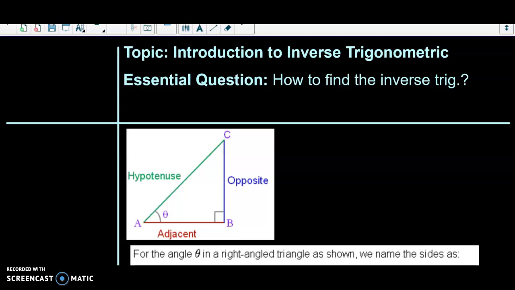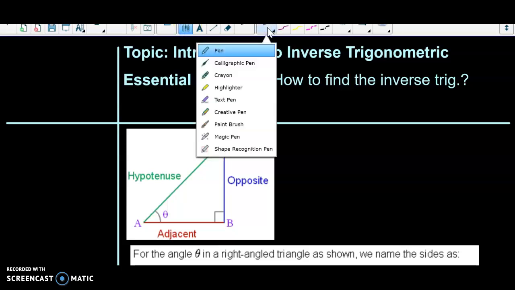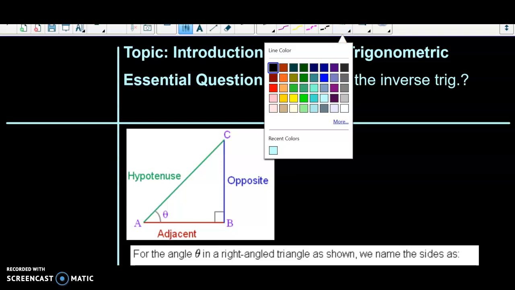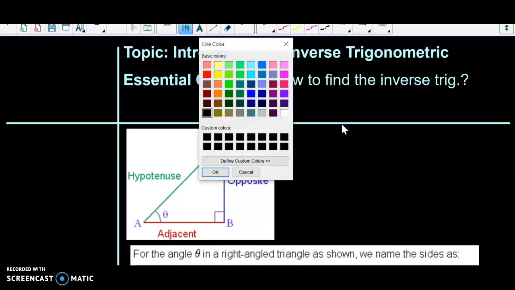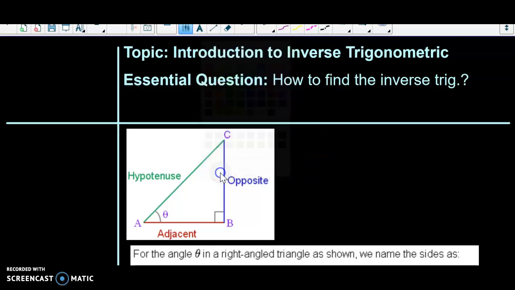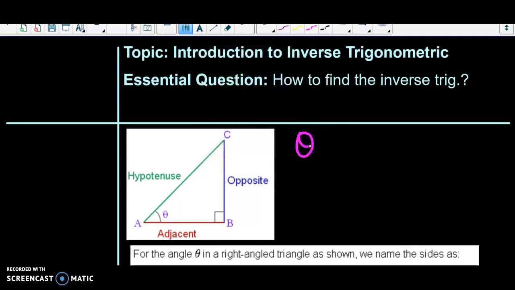Remember that in a right triangle, if I have an angle, my angle theta is referred to as your reference angle. Okay, so let's talk about this angle. Theta is the reference angle.